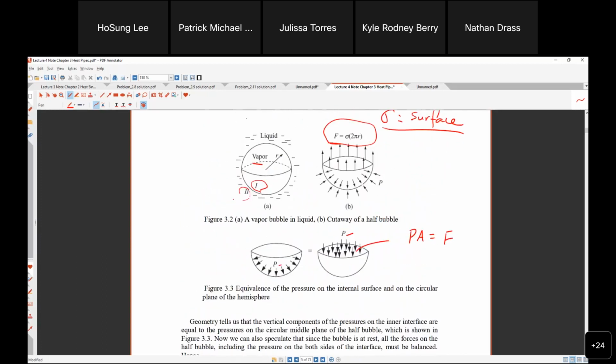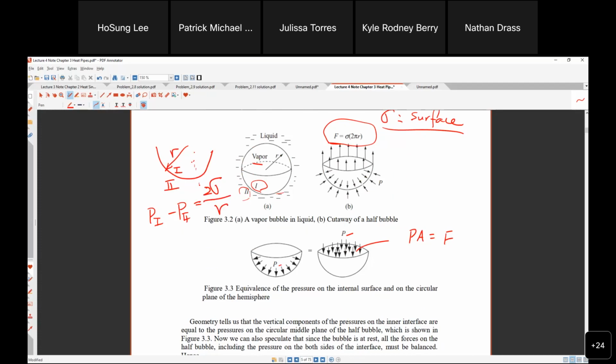The radius is smaller, more pressure difference between 1 and 2. I told you it doesn't matter with the vapor or liquid. In opposite the same, as long as the curvature, this is 1, this is 2. So pressure 1 inside minus pressure 2, if this is a radius, and then the surface, because of something phase, vapor, liquid, or liquid, vapor, it doesn't matter. So property divided by r.